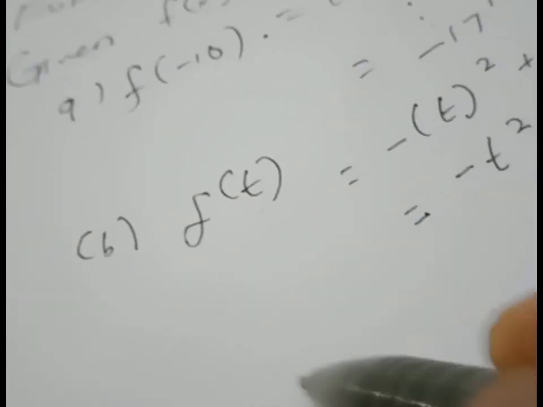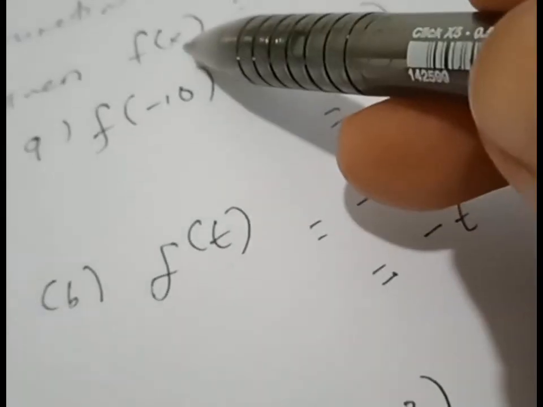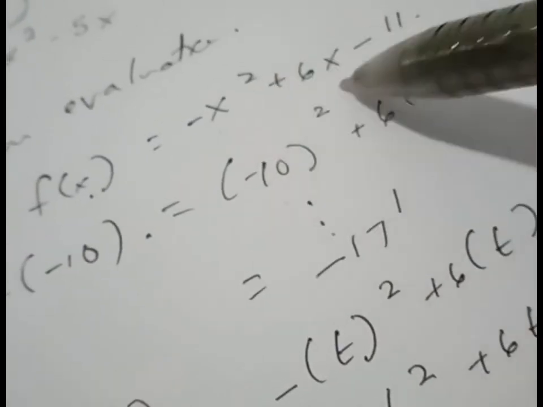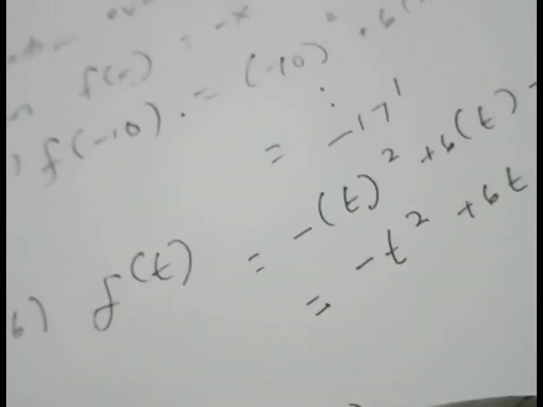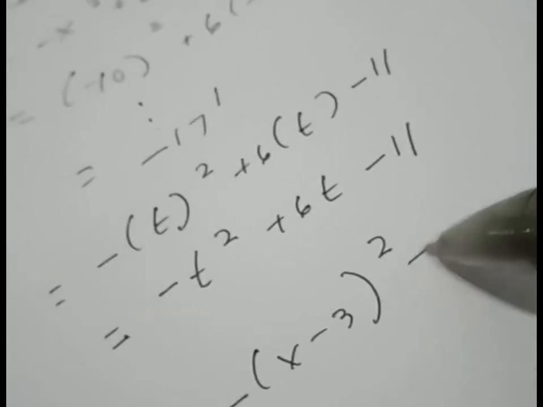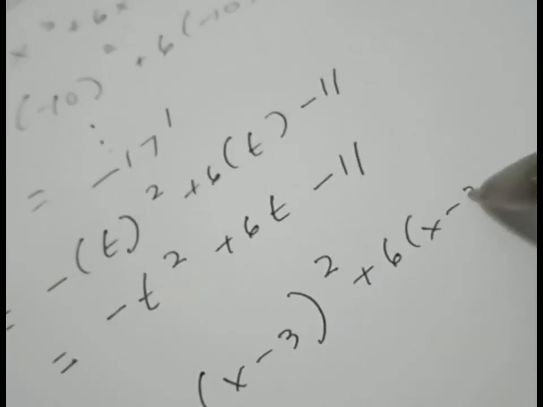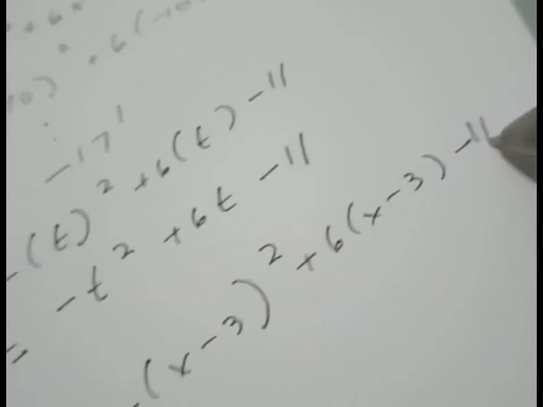Okay, next, find f of x minus 3. Again, x is replaced by x minus 3, everywhere x appears. So we have minus (x minus 3) squared plus 6 times (x minus 3) minus 11.